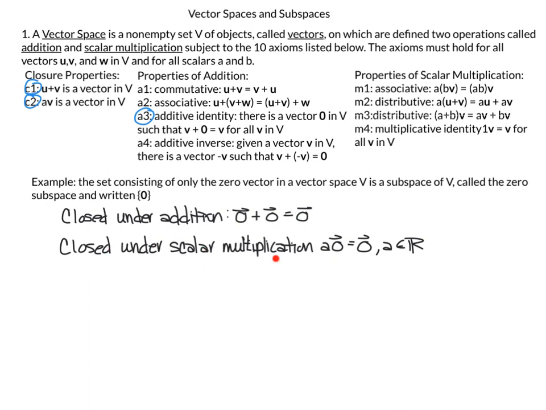It's closed under scalar multiplication, so if you have a real number a, then a times 0 is still equal to 0. And the additive identity of the vector space, the zero vector, is by definition in H, because H is the set containing only the zero vector. So therefore, this zero subspace is in fact a vector space.